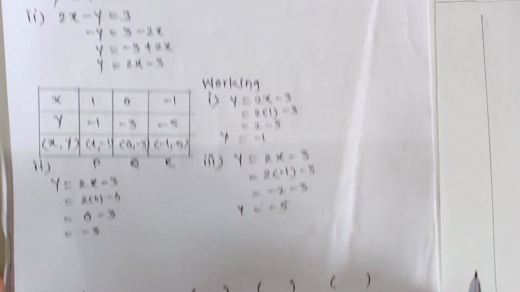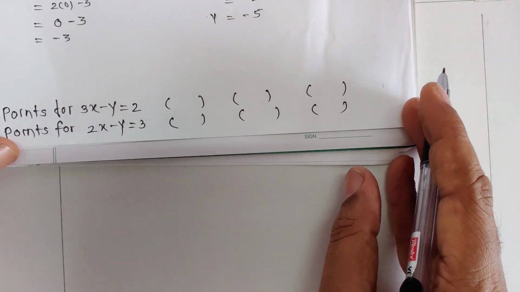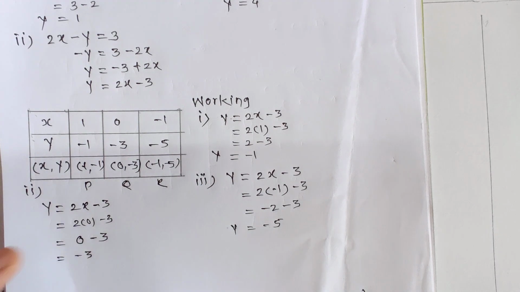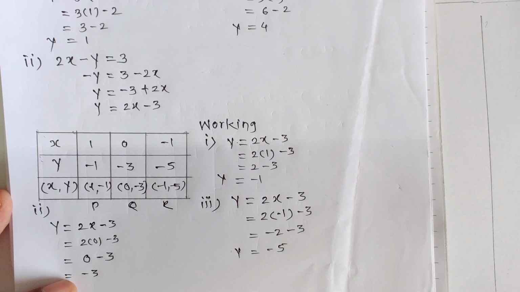So we get the 3 points for both the equations, equation 1 and equation 2. Now I have to write the coordinates of the points for the first equation and the second equation.